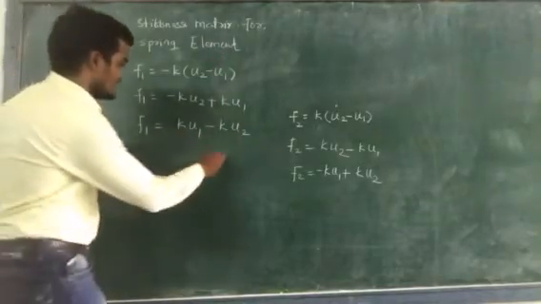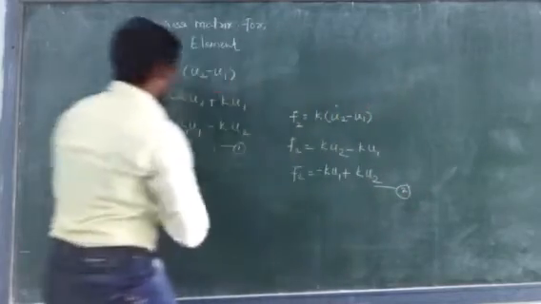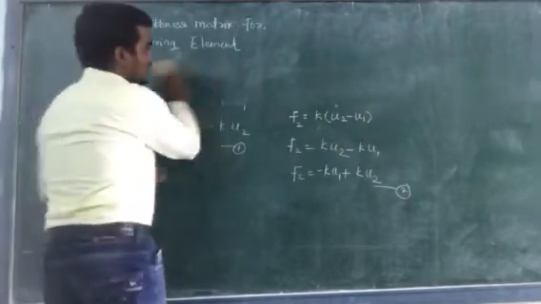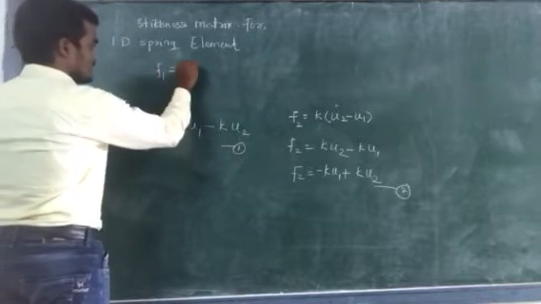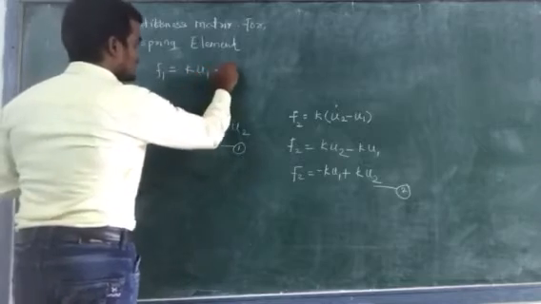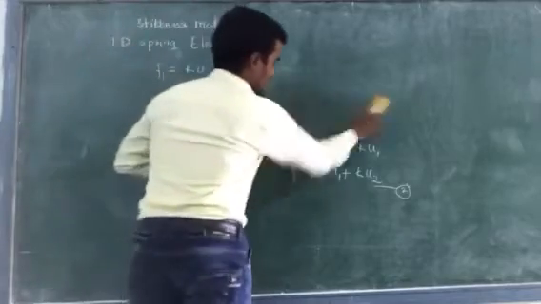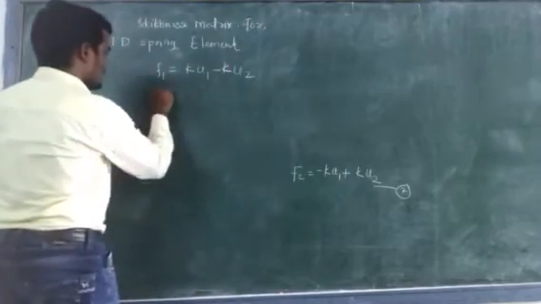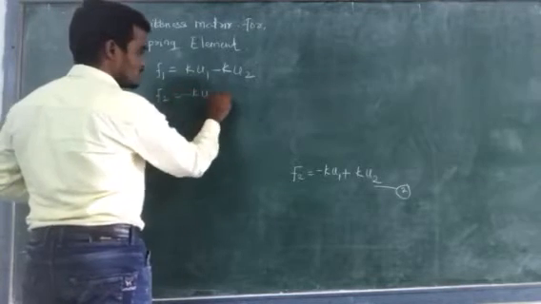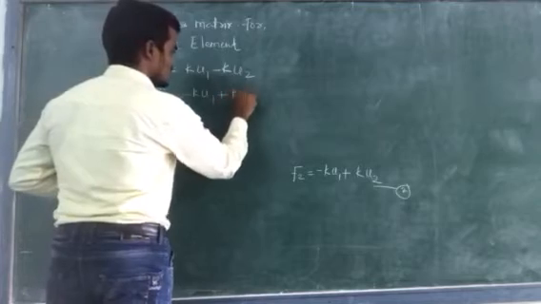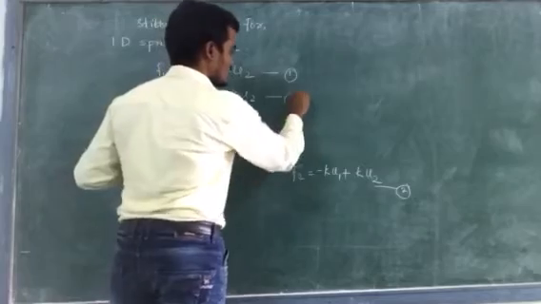Suppose this is equation 1 and this is equation 2. Now equation 1 and equation 2 can be written as F1 is equal to K times U1 minus K times U2, and F2 is equal to minus K times U1 plus K times U2.